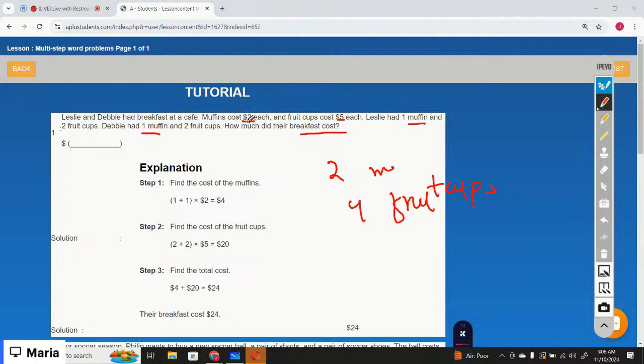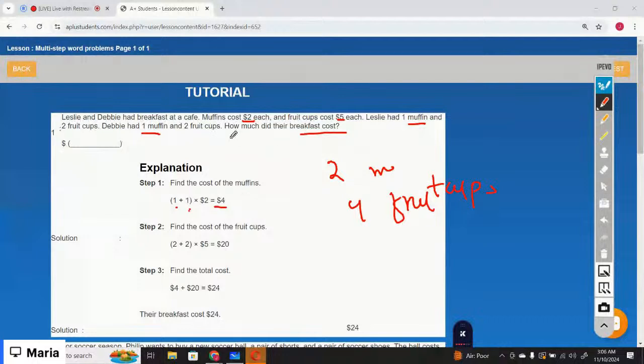The cost of each muffin is $2. You have to do 1 plus 1 because they both have one muffin each, and times 2 because the cost of the muffin is 2. So 2 times 2 is $4. That means the cost of the muffins is $4.